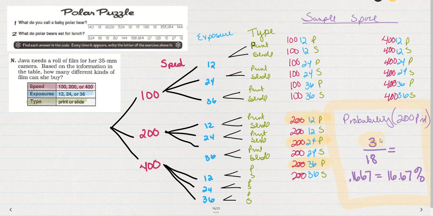So it looks like there's a grand total of 3 out of the 18. If I divide 3 divided by 18, I get 0.16 repeating. Rounding to 4 decimal places, I'm going to make that last 6 a 7 because it's closer to 7 than it is to 6. And then changing that to a percent, I'm going to multiply by 100 to get 16.67%.